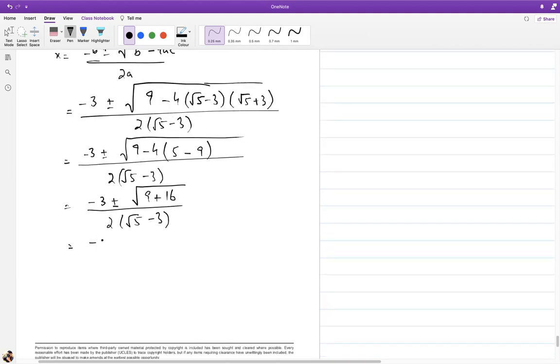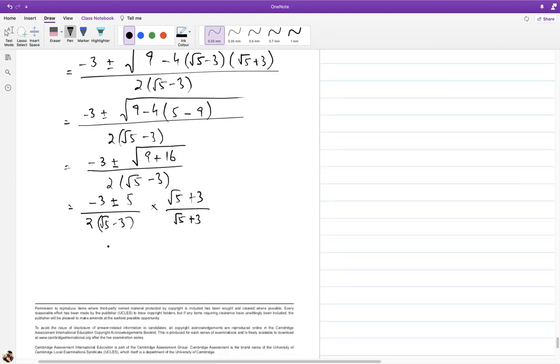So that gives me minus 3 plus minus 5. Why? Because 9 plus 16 is 25. Square root of 25 is 5, into 2 over square root 5 minus 3. I'm going to rationalize this now. So into square root 5 plus 3 over square root 5 plus 3, and then I change the sign here. So that's how I get it. And now I'm just going to solve this.